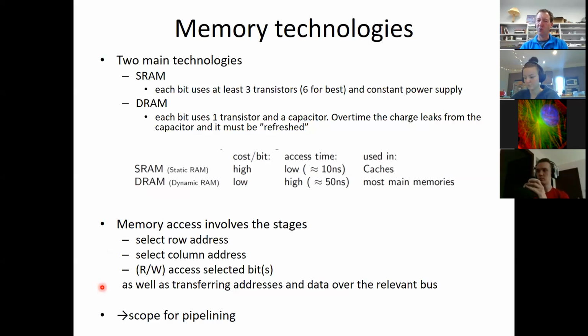On top of this, you transfer the addresses and the data over the relevant buses from the memory to the CPU, to the arithmetic unit. Just as a sideline, we're not getting into this, but there is also scope for pipelining when you do memory access in a repeated fashion, because you have these 3 different stages, so you can actually pipeline memory access.